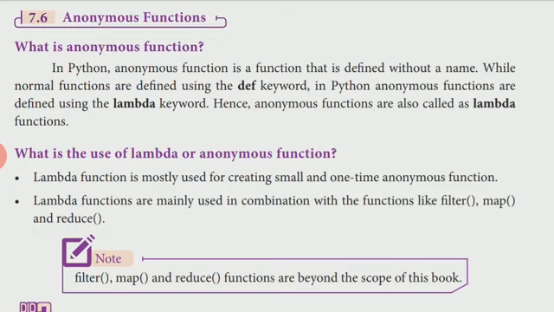It is used to create small, one time use code. The next one is we can use a combination of functions like filter, map, reduce. So these functions you can also use with lambda functions.